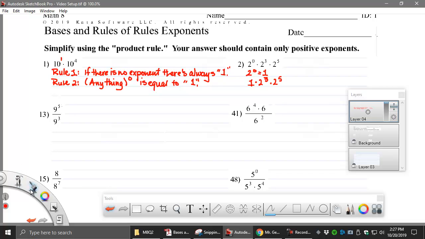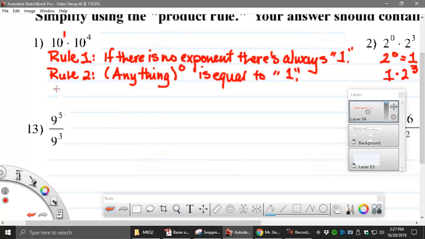Okay, the next rule, and this is where we're getting into the meat of things, is this third rule. It states that to multiply like bases, so 10 times 10, they're like bases, we simply add their exponents. Like bases means they're the same number or the same letter, the same variable.